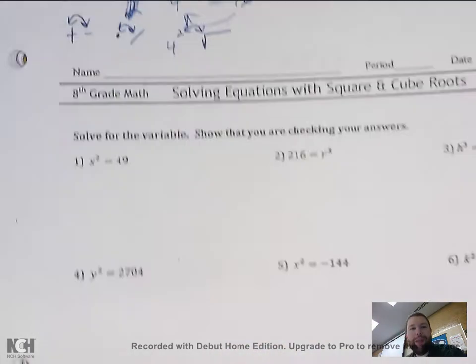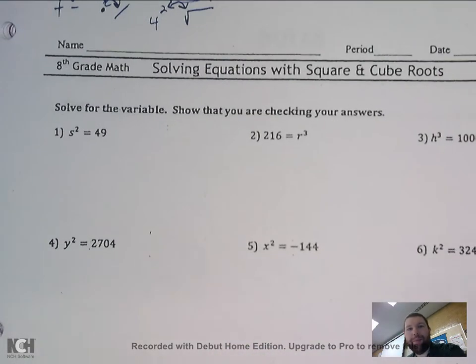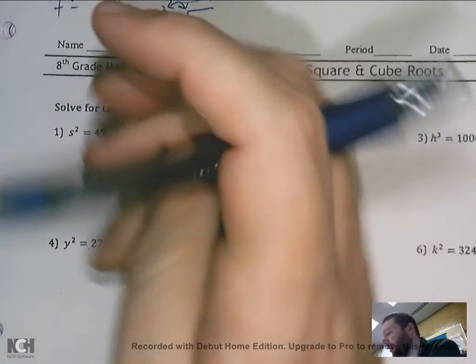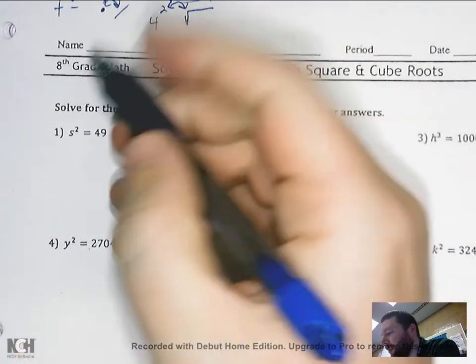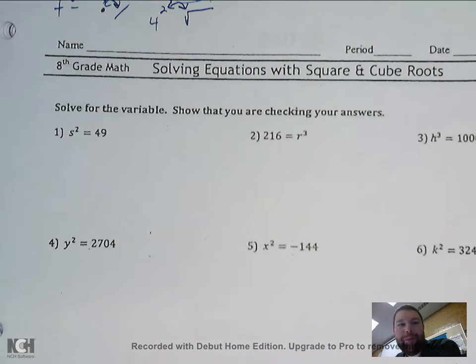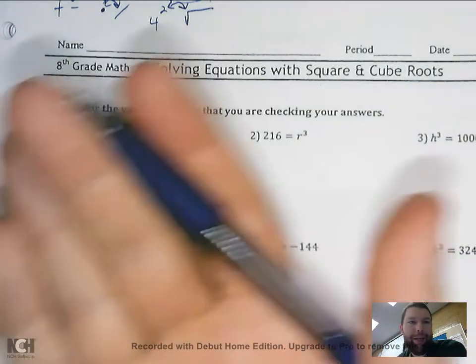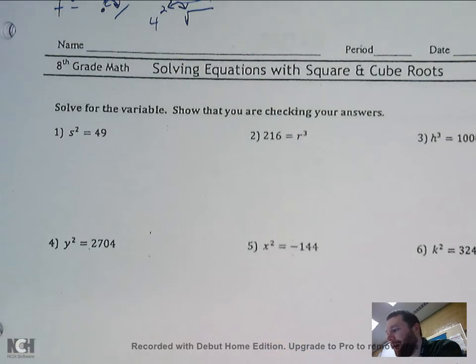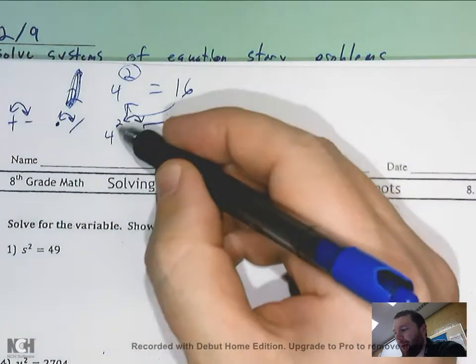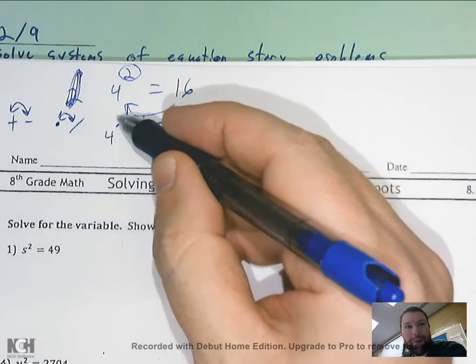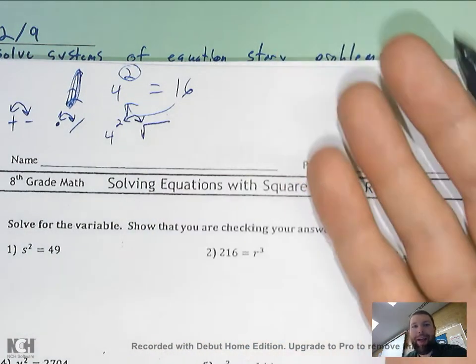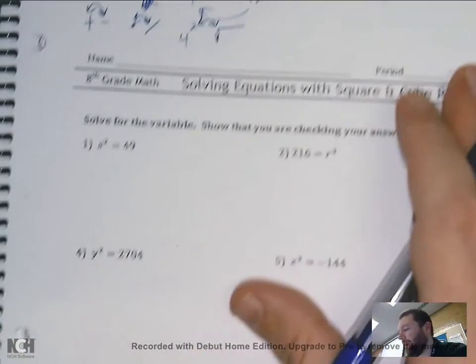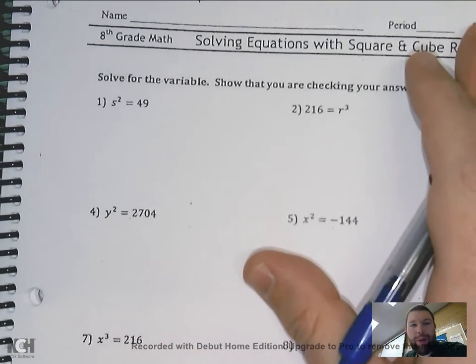So if we look at number 1 here, on page 33 in the book, we see s squared is equal to 49. If I want to figure out what that variable is without the square, I have to undo the square by doing the opposite operation.